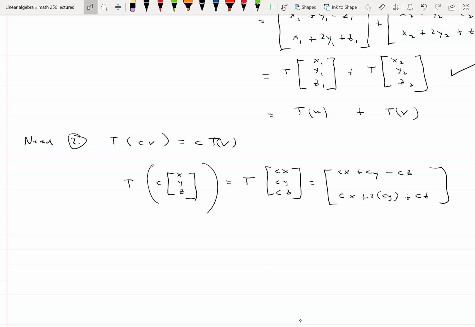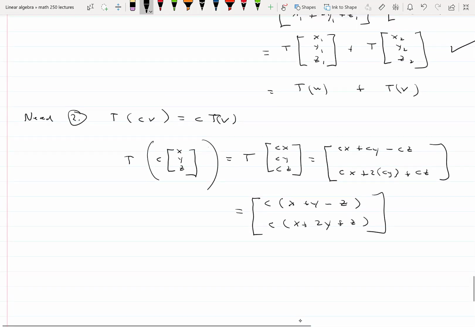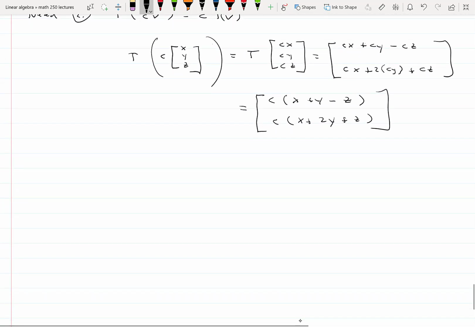Now I want to see if I can get that constant C out. Of course I can. This is nothing more than C times the vector whose components are x plus y minus z, and x plus 2y plus z. And we're assuming that we have the usual operations of addition and scalar multiplication on R2.